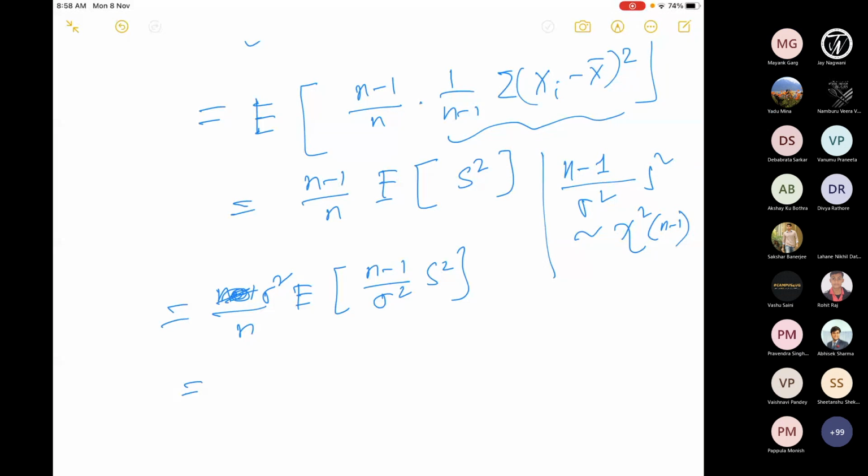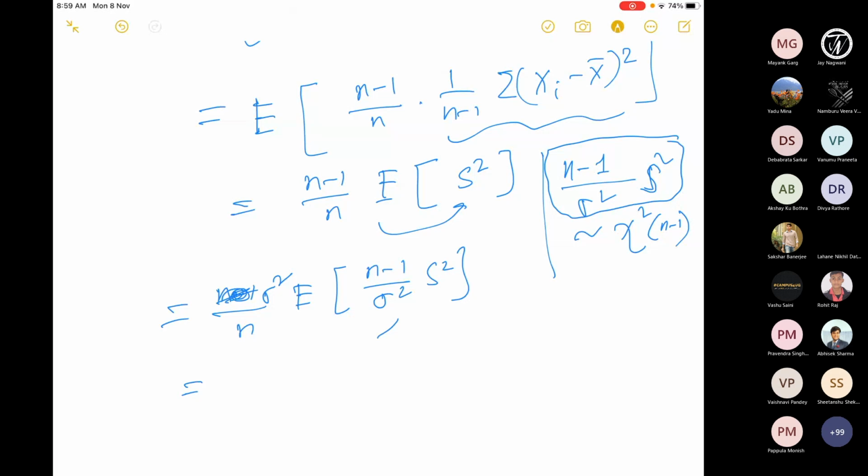So I was recalling that we know that when the random sample is from normal, n minus 1 by sigma square times s square is chi-square with n minus 1 degrees of freedom. We proved that, a simple proof. So here I have the expectation of s square.